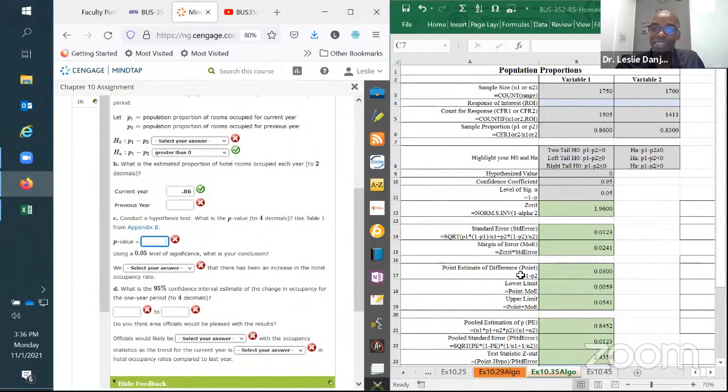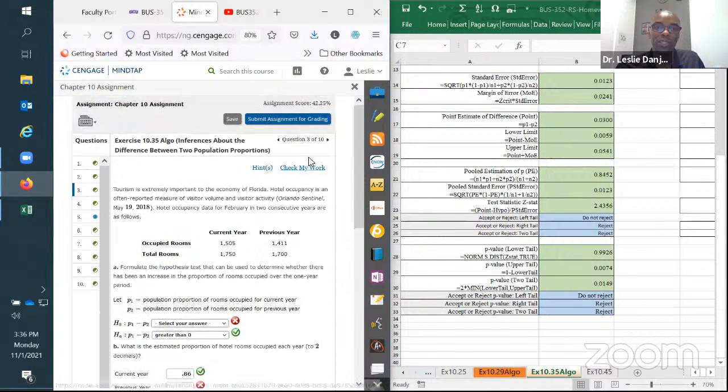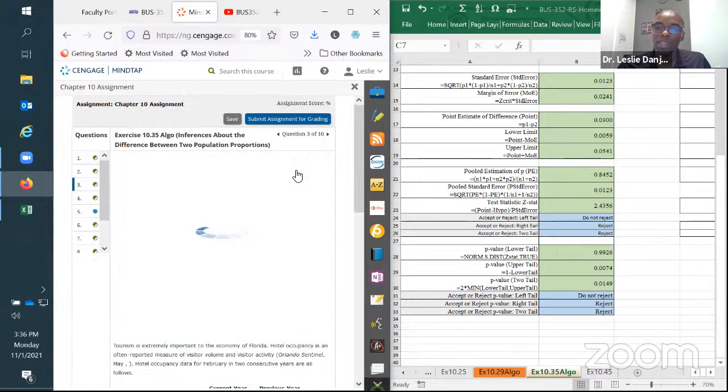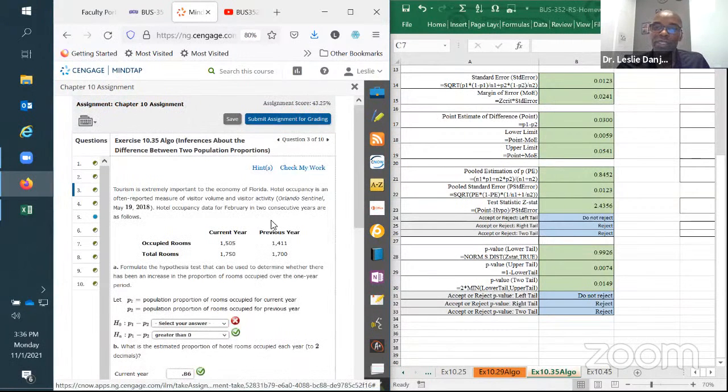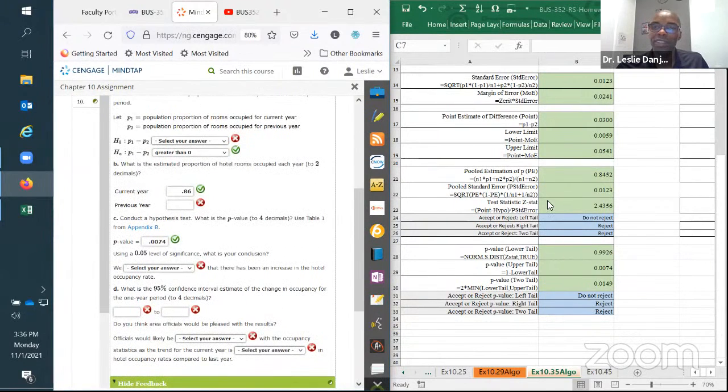It's greater than, p-value for upper tail. They want full decimal places, 0.0074. Check your work. They also want the lower limits and the upper limits. If you see lower limits right here, upper limits right here, plug those in and you should be good to go.